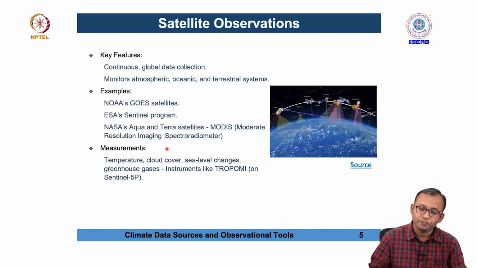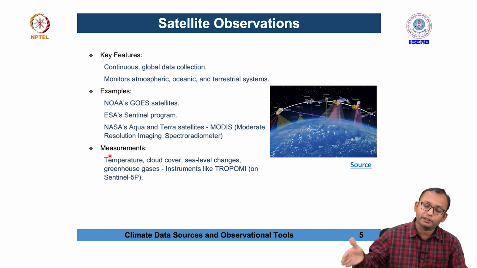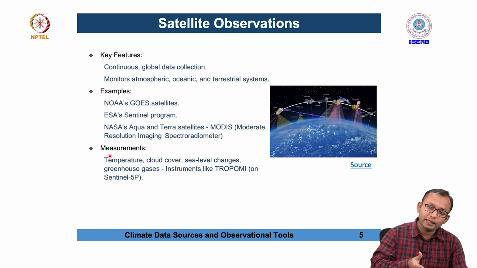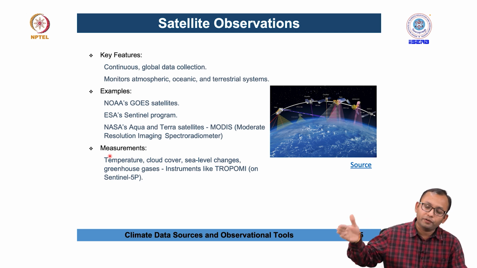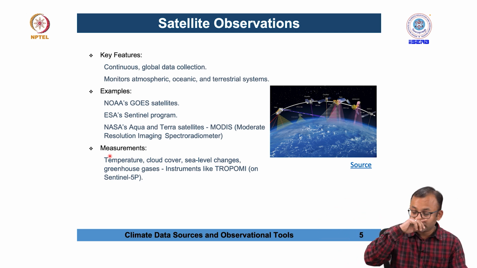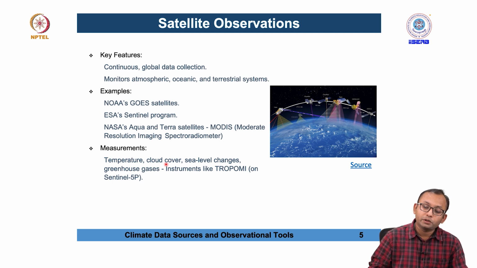These different satellites measure multiple different parameters, for example weather parameters like temperature data sets, for multiple years or multiple different resolutions. It can be daily, sub-daily, weekly, monthly, or yearly temperature data. It can also give us cloud cover data, when we have higher cloud, when we have lower cloud. It can also give us sea level changes.